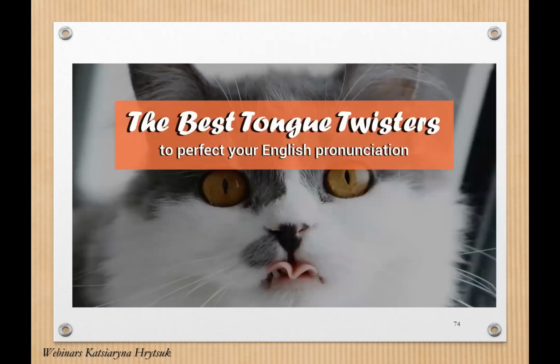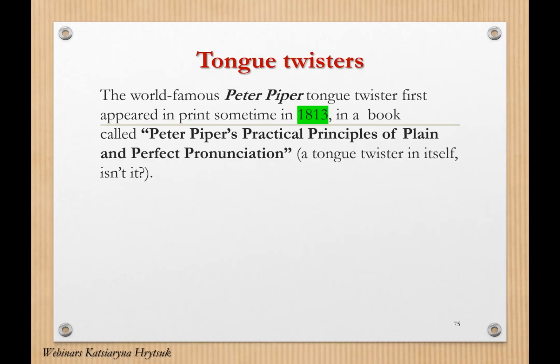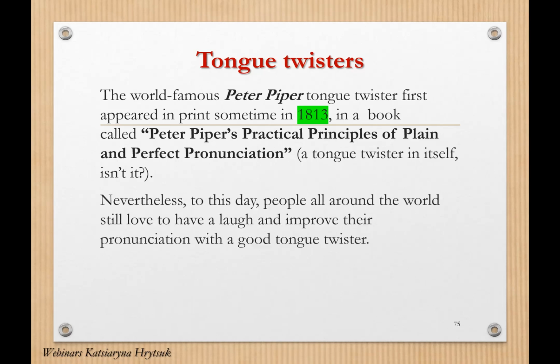Okay, now one of my favorite ways of practicing. These are tongue twisters, to perfect your English pronunciation. The first tongue twister, when people started to talk about them, was in 1813 in one book, Peter Piper's Practical Principles of Plain and Perfect Pronunciation. The author wrote this book about tongue twisters.